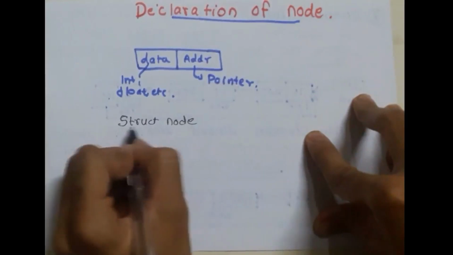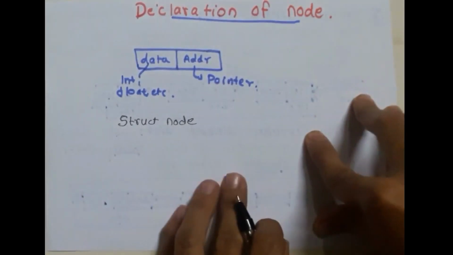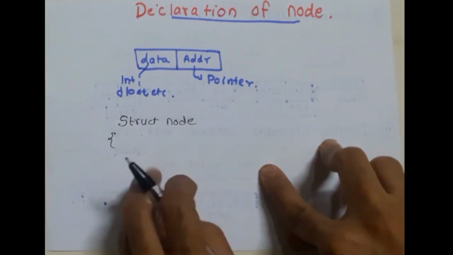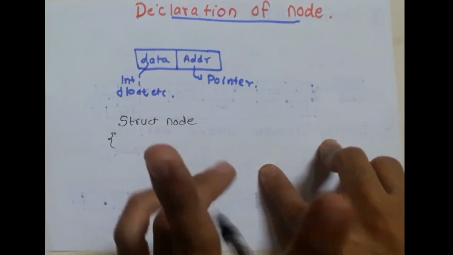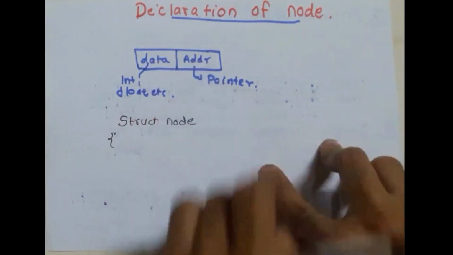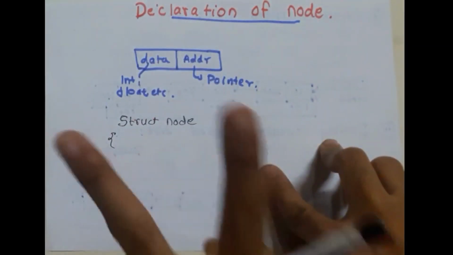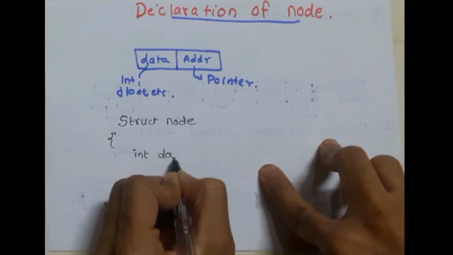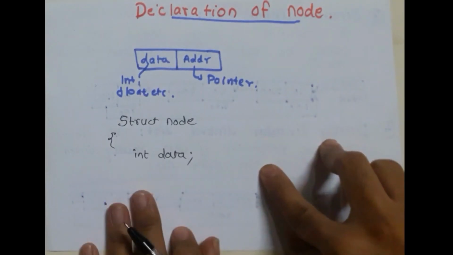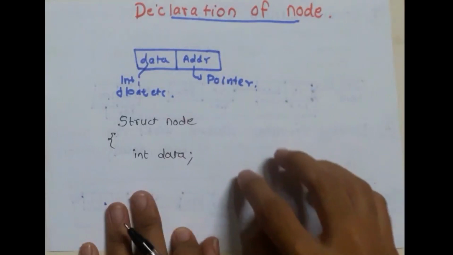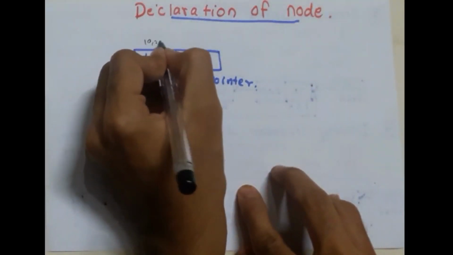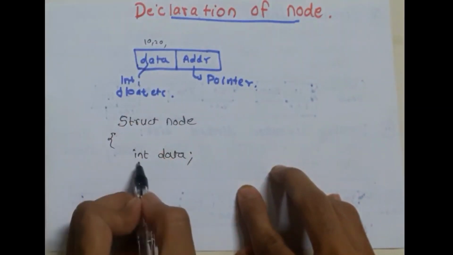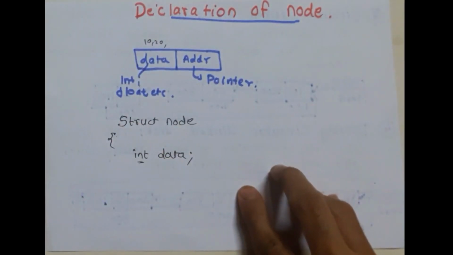Struct is the keyword and node is the name of data type. Now the members of this structure. A node consists of two fields, therefore here there will be two members. The first one is integer data. For example, if we are storing integer values like 10, 20, 30 in this node, we will take integer data type.